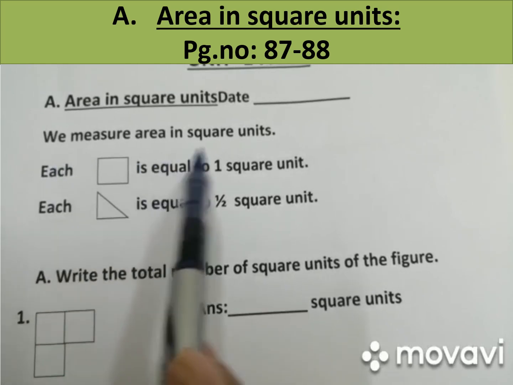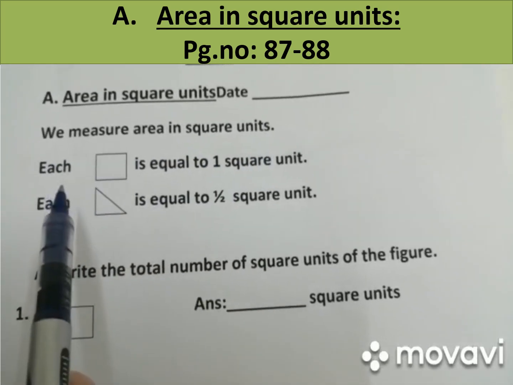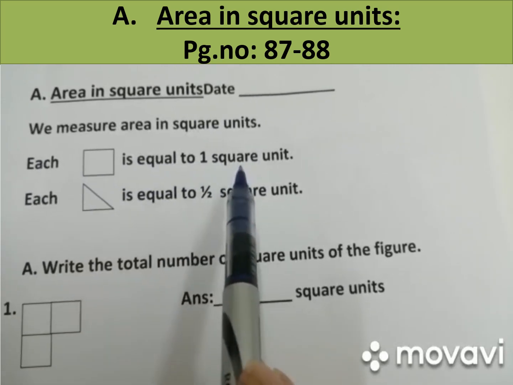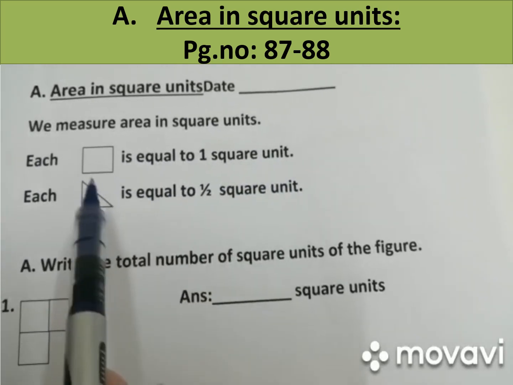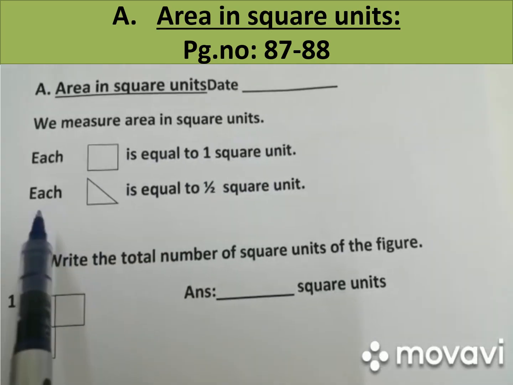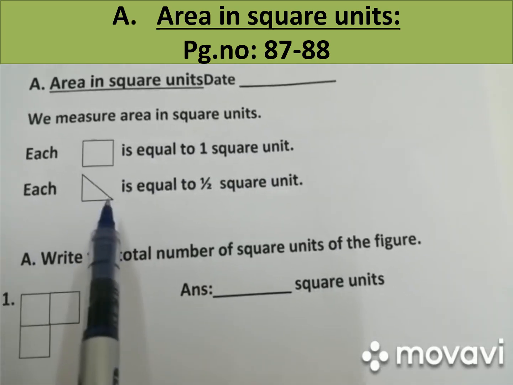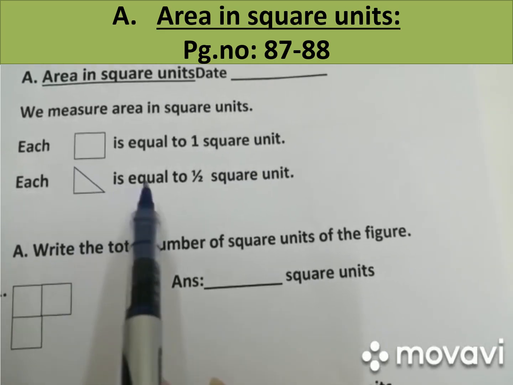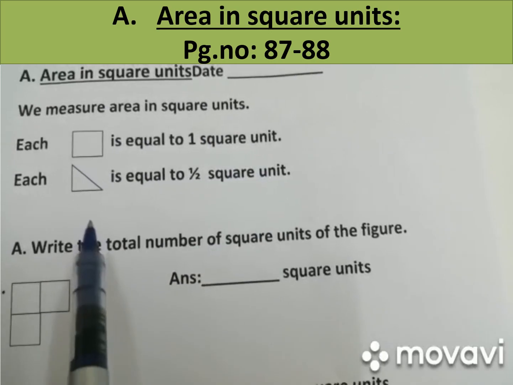So we measure area in square units. That means each square is equal to 1 square unit. Each triangle, a plane 2D shape, is equal to half square unit.